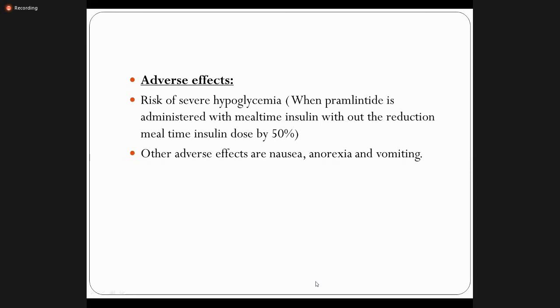This risk can be minimized if we reduce the dose of insulin by 50%, right? So when pramlintide is administered with mealtime insulin without reducing the mealtime insulin dose by 50%, then there is a risk of severe hypoglycemia. Other adverse effects are nausea, anorexia, and vomiting.